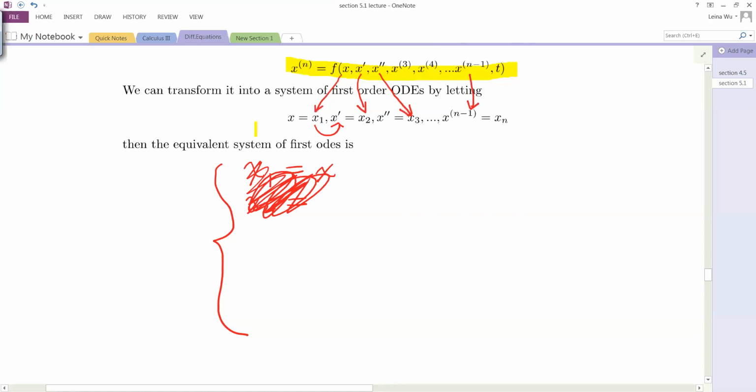I should be substituting this. So x prime, which is the first order derivative, is x1 prime. So x1 prime will just be x2. And let's plug in x2, which is x prime. What do we say for the second equation?